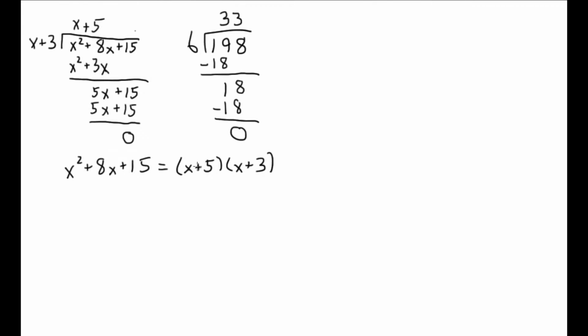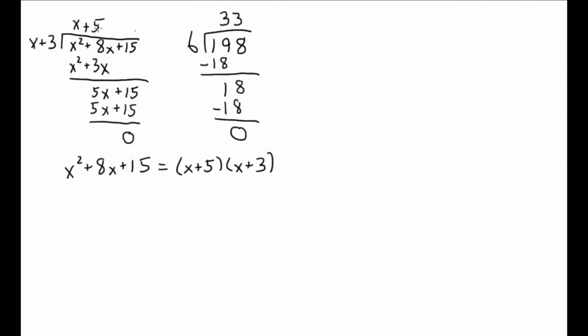When we factor this quadratic, we end up with these two terms that are the same here. Here we showed that x plus 5 times x plus 3 equals the dividend. And here we've shown that as well, because the dividend divided by x plus 3 equals x plus 5, which means if we were to multiply them together, we would get back to the original dividend. So it's the same thing.